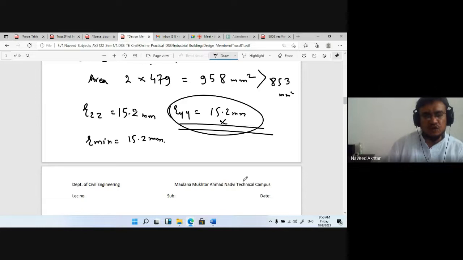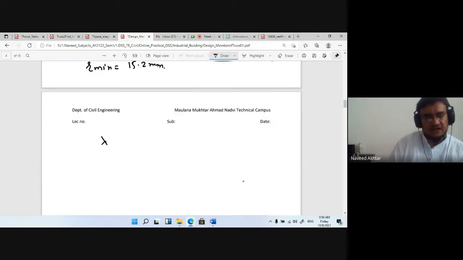So lambda, you know, lambda is nothing but KL upon r minimum. Okay. KL we have calculated, 1.36 into 10 raised to 3 because you converted into mm, and r minimum is 15.2 mm.